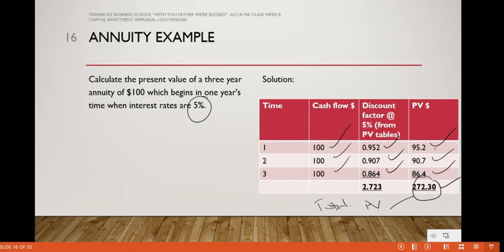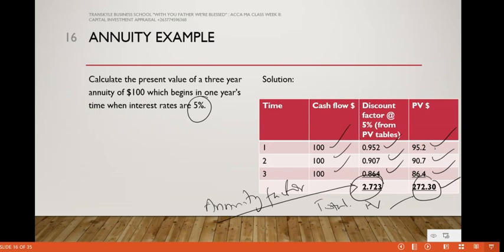So you need to just know the annuity factor. The total of these discount factors is an annuity factor, and this annuity factor can be found in the annuity tables.